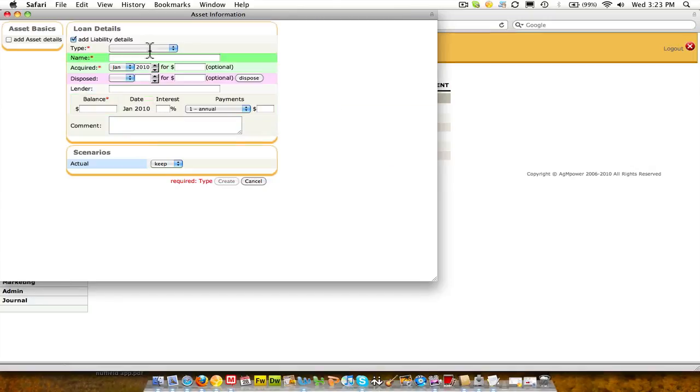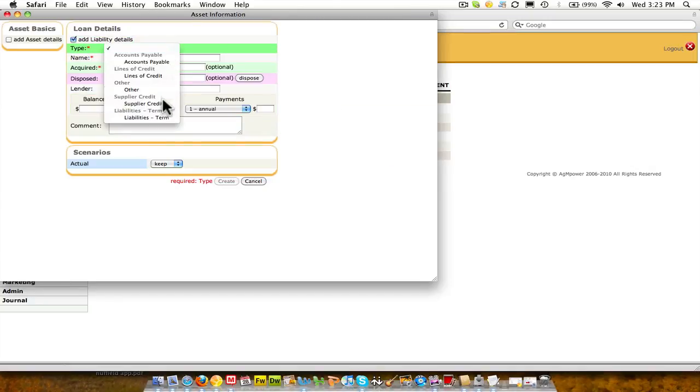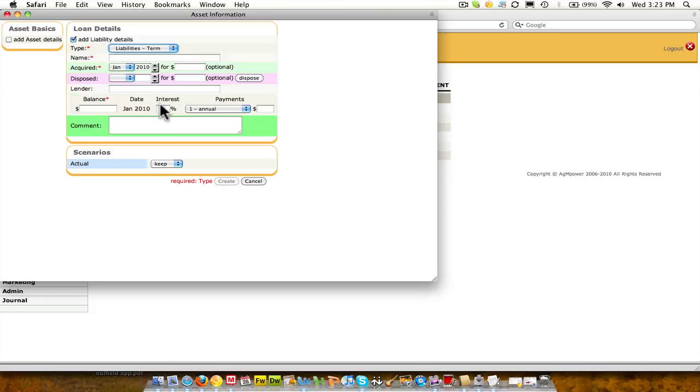If you consolidate assets, sometimes you might have a term liability and it's against a number of quarters of land.